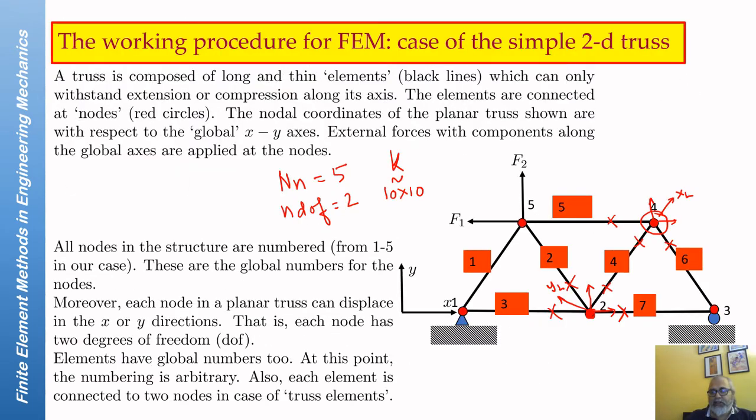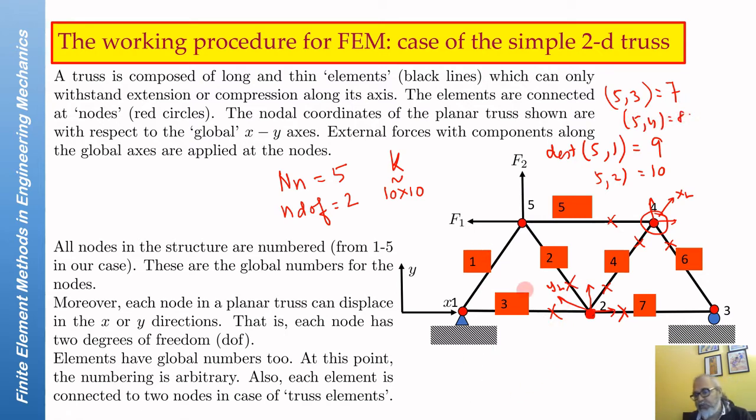We can try it out for another element. Let's try it out for element 5. So destination 5 1 will be 9, 5 2 will be 10, 5 3 will be 7, and 5 4 will be 8.